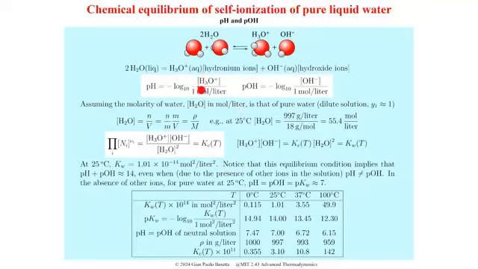And 10 to the minus 7 put into the log base 10 with the minus in front makes pH equals 7. And that pH equals 7 is therefore the notion of neutral, so pure water is neutral, and it has a pH equals 7.